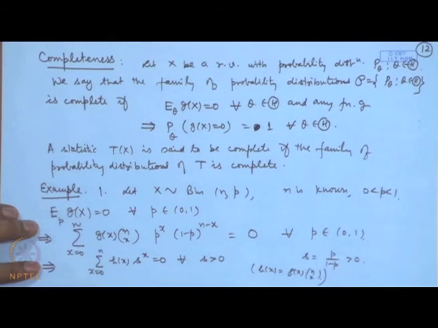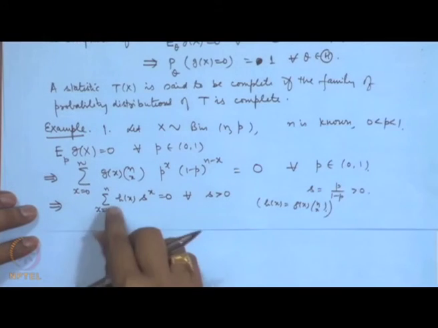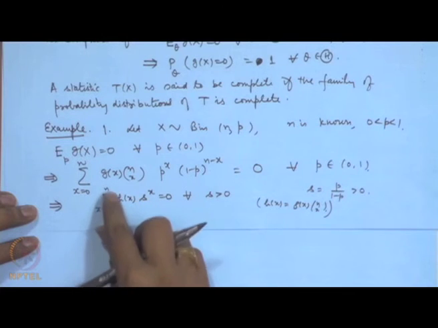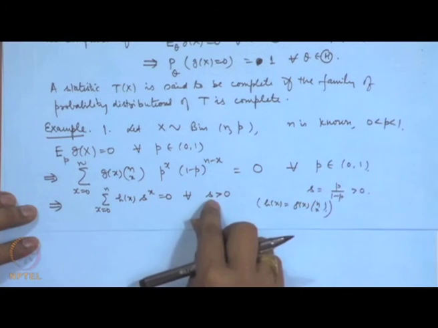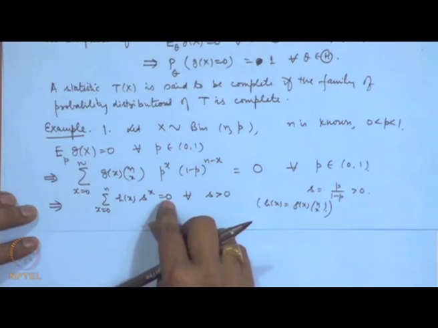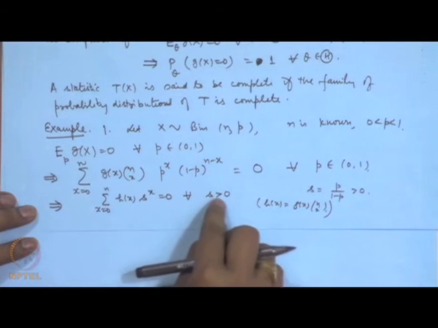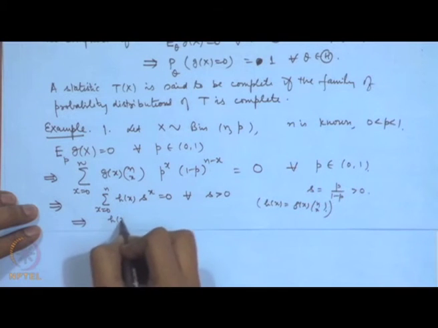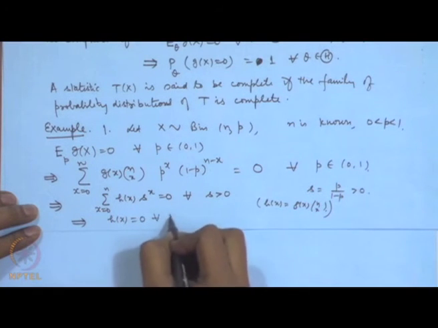Okay. Now, if you see this left hand side, this is a polynomial of degree n in s, and I am saying it is vanishing identically over an interval. This implies that h(x) must be 0 for all x.